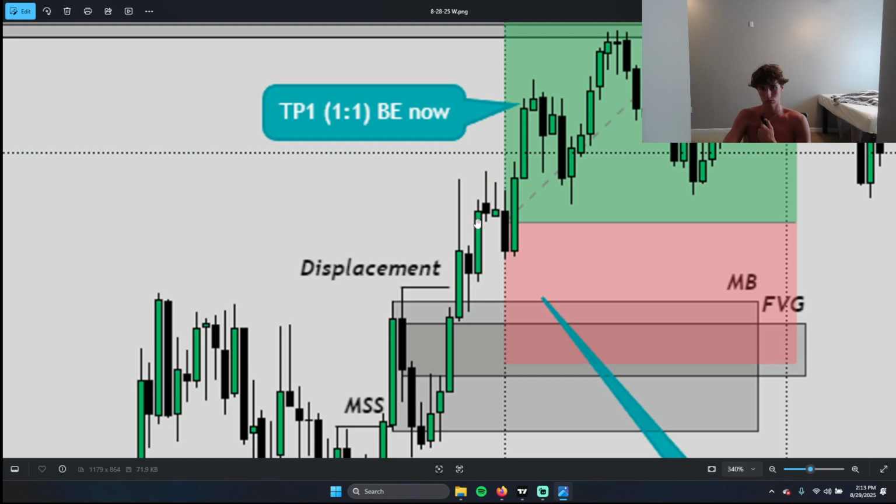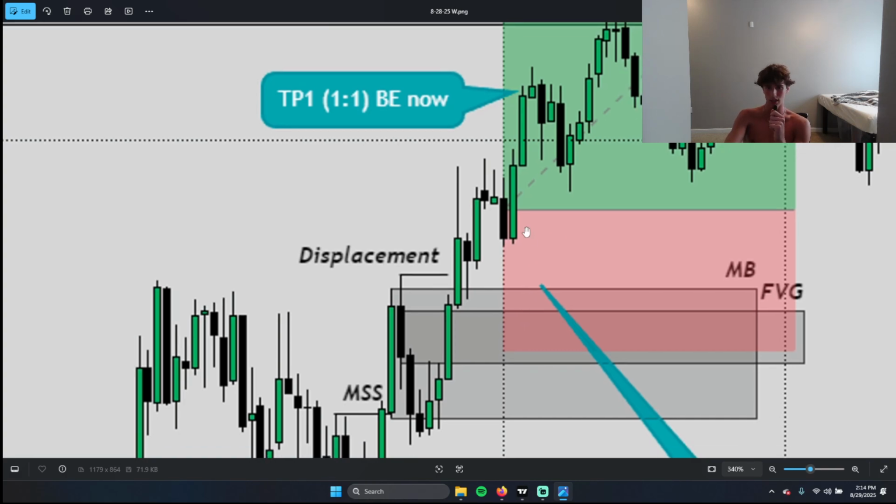So we have a fair value gap here, macro presents itself, I take it off the first presented fair value gap. We have all of our criteria hit. We have a sweep of liquidity, market structure shift on NQ and ES, and a fair value gap on NQ and ES. I entered the trade the second we got into this fair value gap.